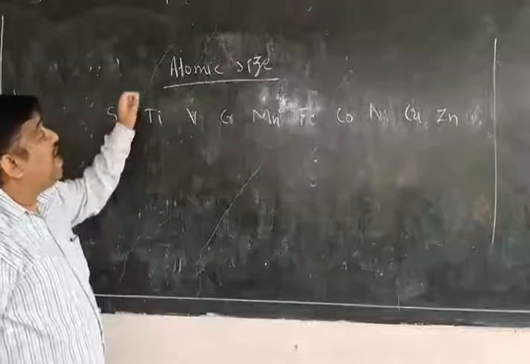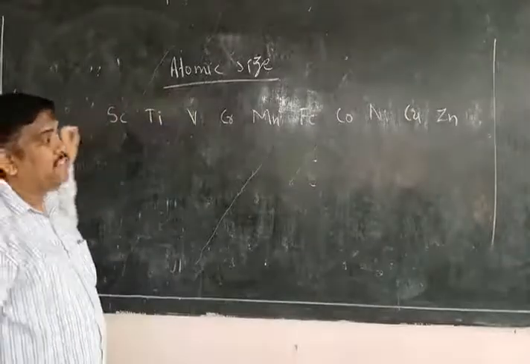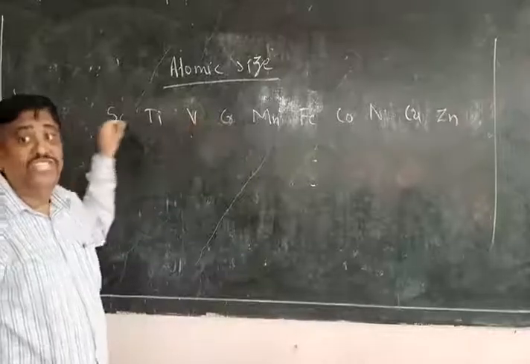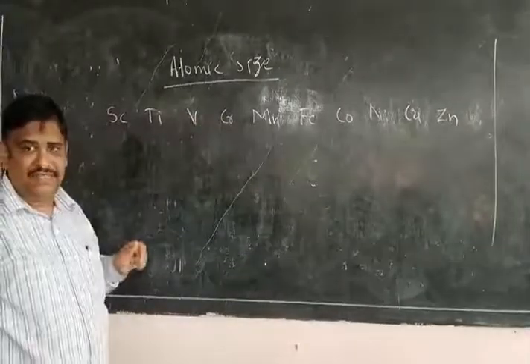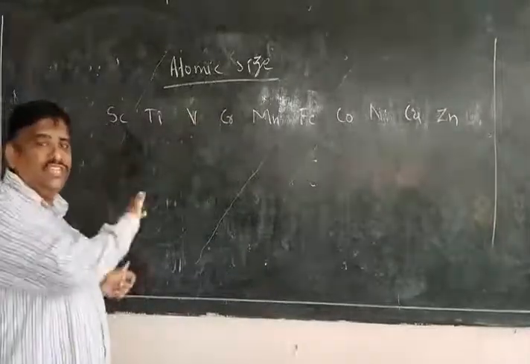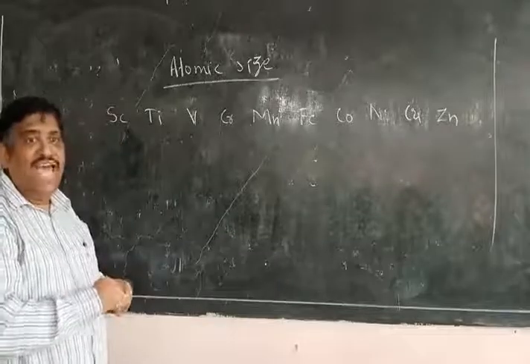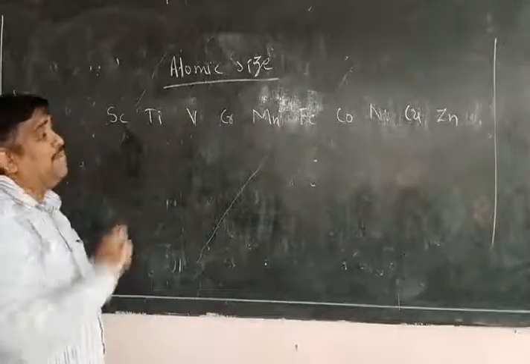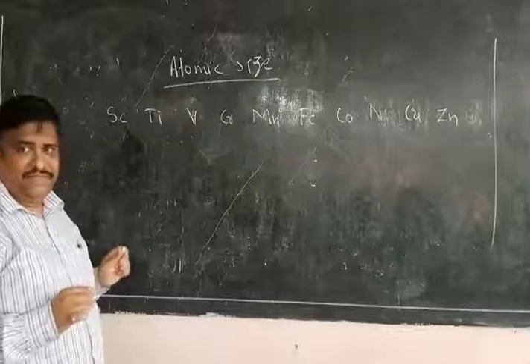I am going to explain how the atomic size is going to change in the 3d series. I am not going to write the actual atomic size values. I will take some sample numbers to explain that.